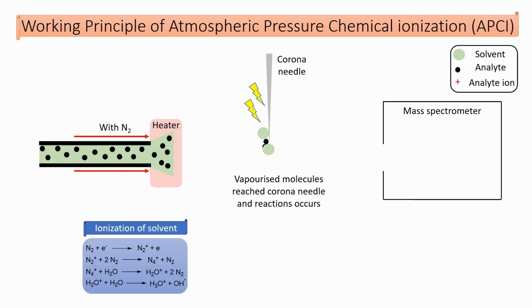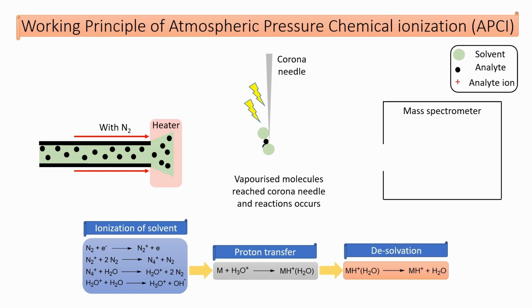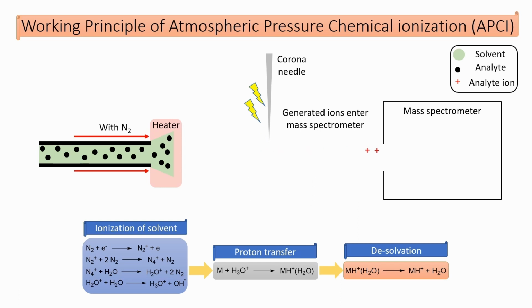Solvent molecules are first ionized by the corona needle. After that, a proton transfer reaction occurs between the solvent ion and the sample molecules. Then, desolvation occurs, leading to the generation of sample ions. Lastly, the generated sample ions would then enter the mass spectrometer.